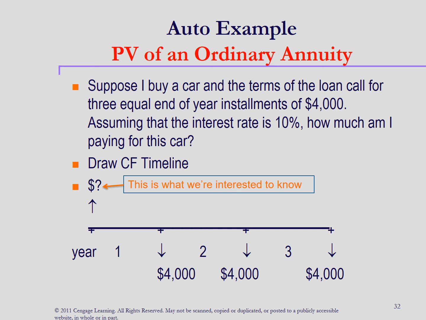I would recommend you to always draw a cash flow timeline for a time value of money problem. By looking at the cash flow timeline, we have the question mark located at the very beginning. We have equal cash flows at the end of every year, so this is a present value of an ordinary annuity problem.